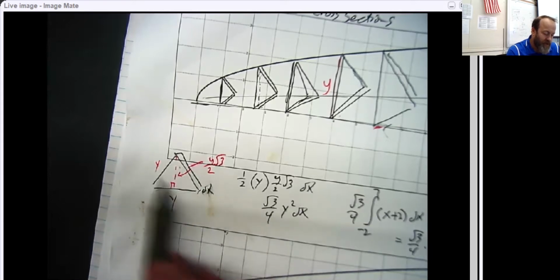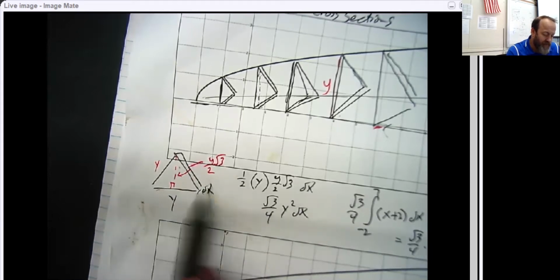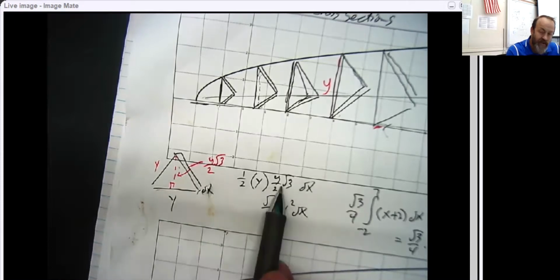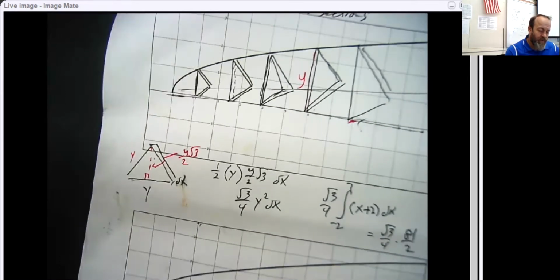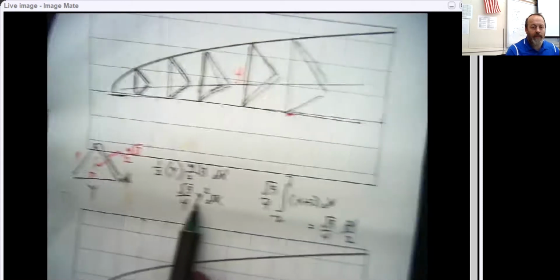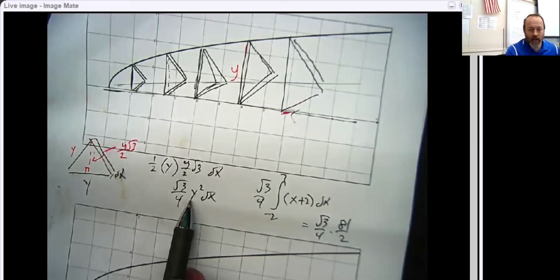So the area of this triangle is 1/2 its base times its height, and then its thickness is dx. I did a little bit of work, and lo and behold, that y squared popped up yet again. Of course, it's an area, so it should.